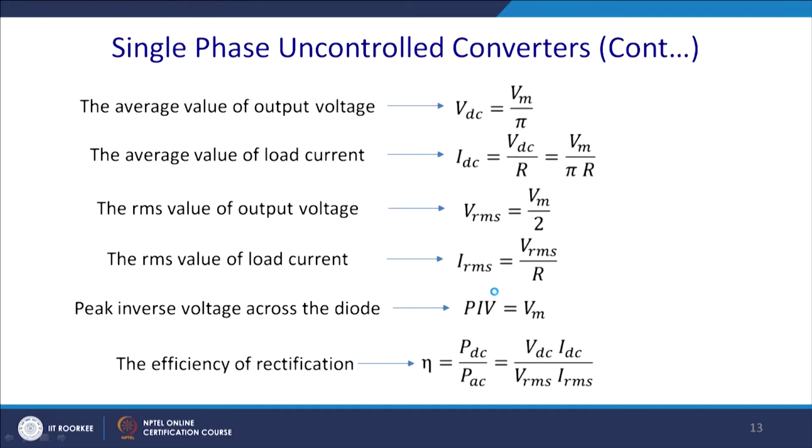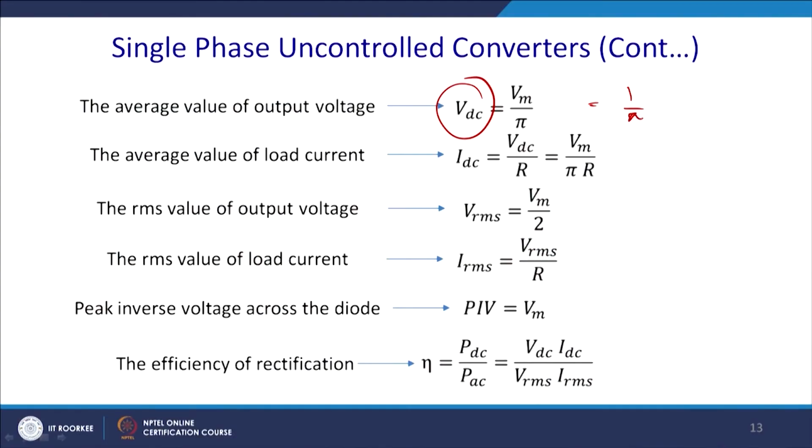Now, for the simplest circuit, let us calculate the parameters. We can calculate the average value of the voltage which we have shown there. It is 1 by pi integral from 0 to pi, and so on. So, you get Vm by pi for the half wave single phase uncontrolled rectifier.